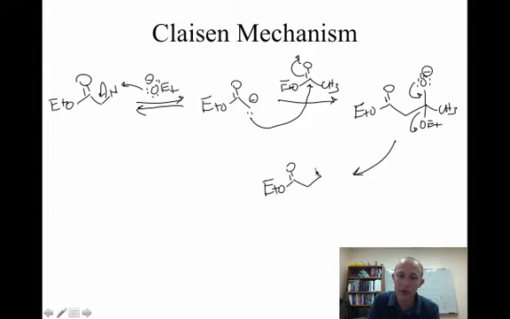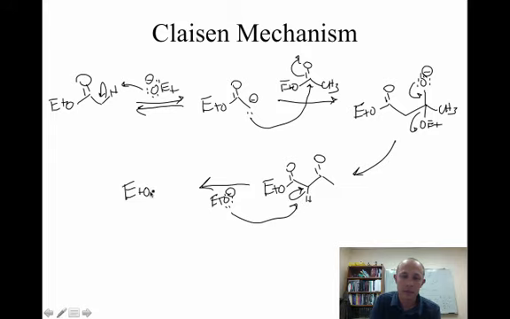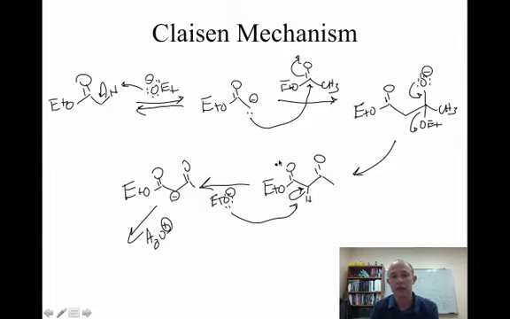What you have to remember though is that now we've made something that's way more acidic than the ester that we started with, because now we have a dicarbonyl compound. So this undergoes a rapid acid-base reaction with the base that we have in solution to generate a new enolate, which just sits there until we add acid in step 2 of the reaction, which gives us back the beta keto ester that we get out of the Claisen reaction.